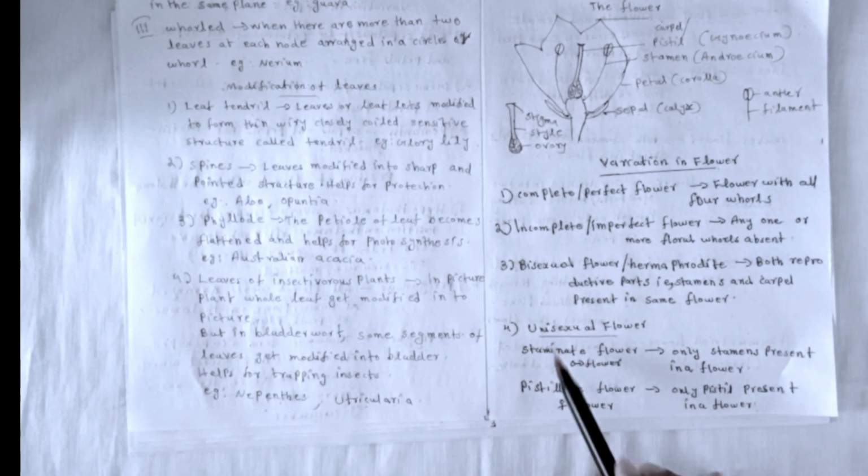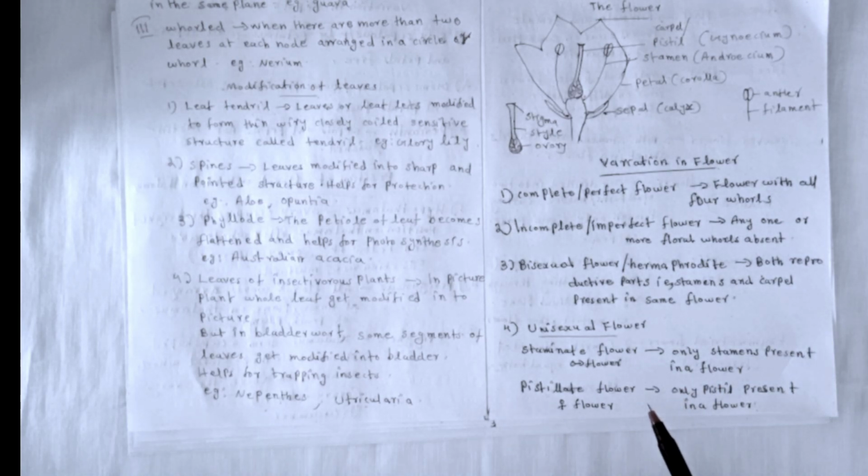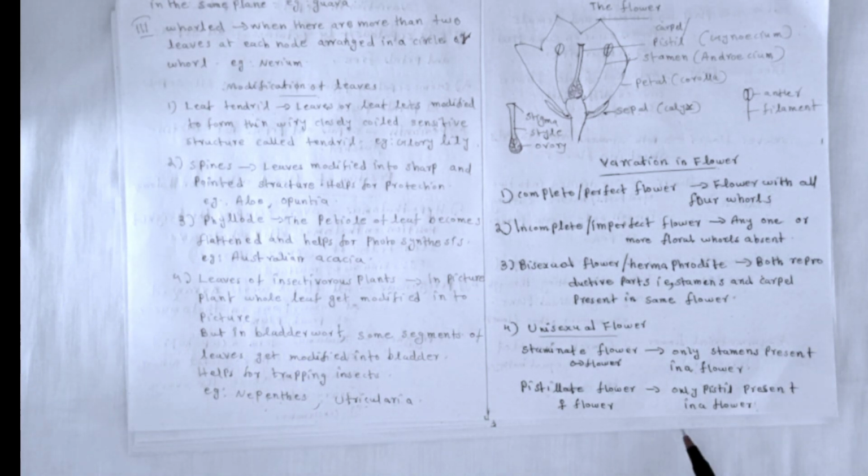There are 2 different types of unisexual flowers, male flower and female flower. First, staminate or male flower, with only stamens present. Then pistillate flower, with only pistils or female reproductive part seen in a single flower, that is female flower.